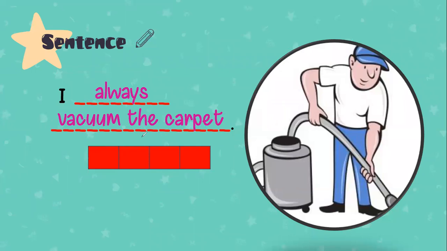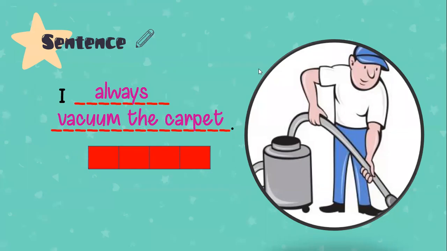I always vacuum the carpet. Remember first to mention the adverb of frequency in order to tell, to express how often you do that activity. And then the expression we learned in the previous slide.